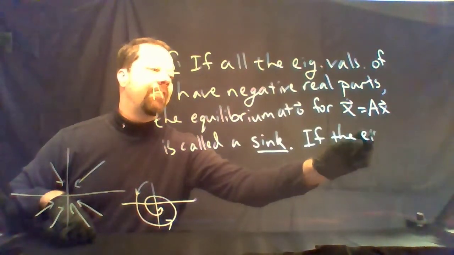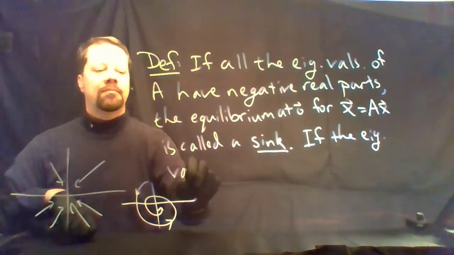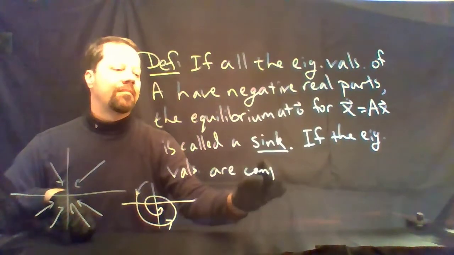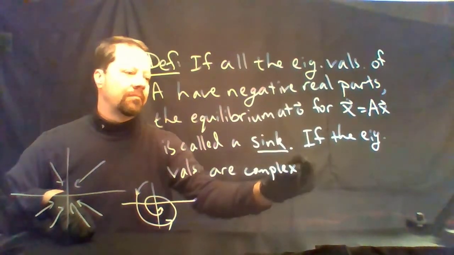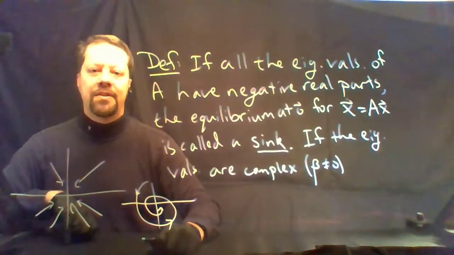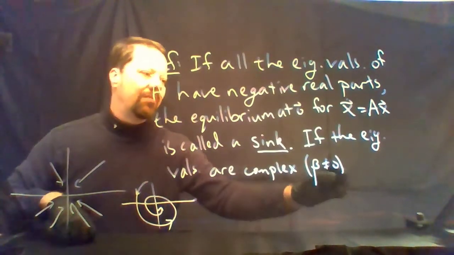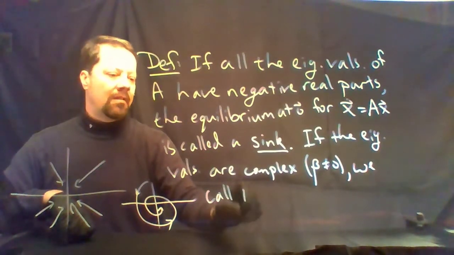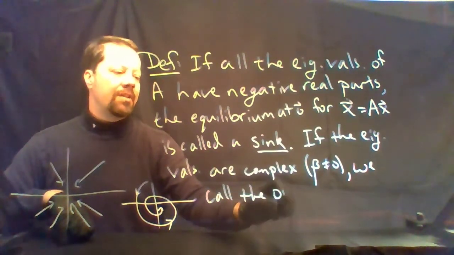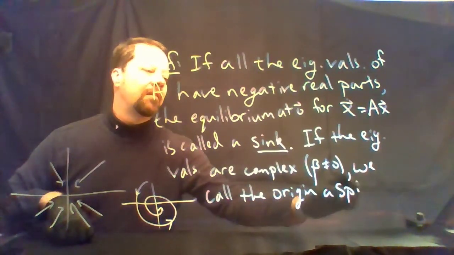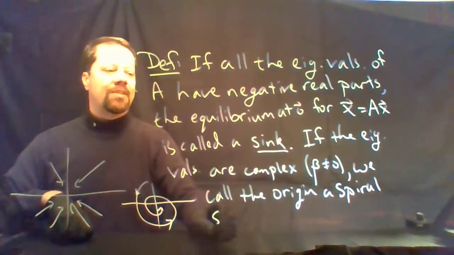So if the eigenvalues are complex with that coefficient of the imaginary unit not zero, we call the origin a spiral sink.